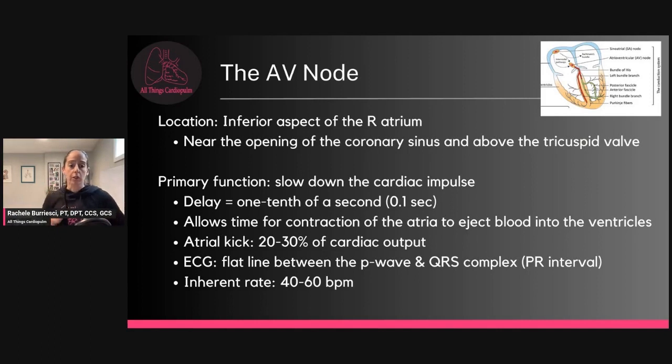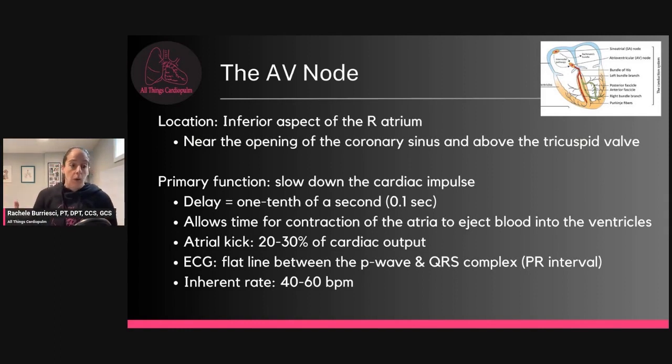We have this impulse generated, we're spreading the message quickly, and the AV node halts it just for 1/10 of a second. And the reason why it does this is because it's allowing time for the atria to contract to push the blood into the ventricles, essentially allowing for ventricular filling. So we're giving time for the atria to contract fully and eject the blood out of the atrium fully. We need the time to do that, so the AV node delays the signal.